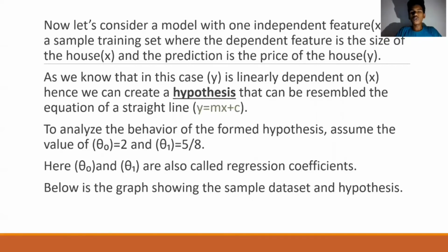We all know that the equation of a straight line is Y equal to mx plus c. To analyze the behavior of the formed hypothesis, assume that theta naught equal to 2 and theta 1 equal to 5 by 8. Here, theta naught and theta 1 are called regression coefficients.